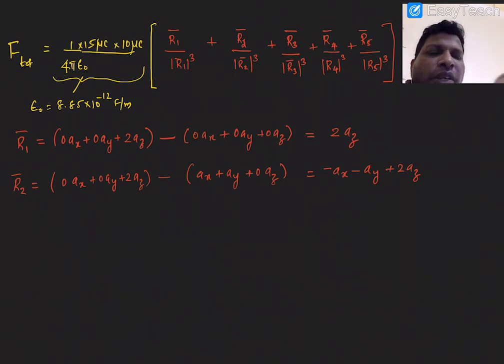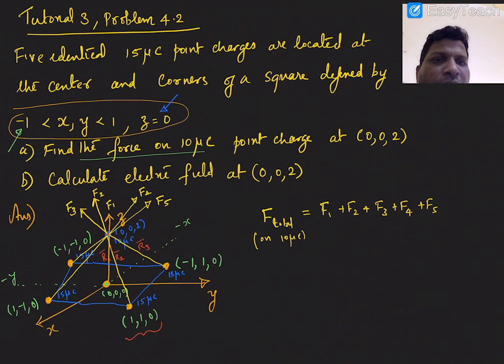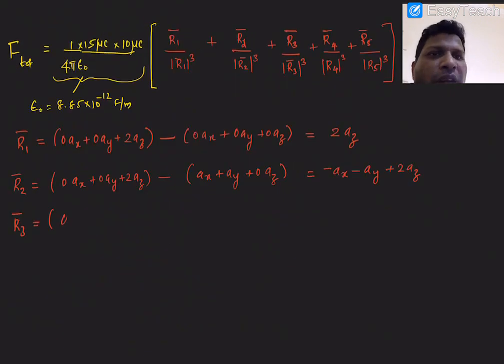Now we have R3, and the same rule you can apply. R3 is actually this vector. You can see R3 is pointing from minus 1, 1, 0 to 0, 0, 2. So again we write the same point 0, 0, 2, 0 ax plus 0 ay plus 2 az minus, what is the point?